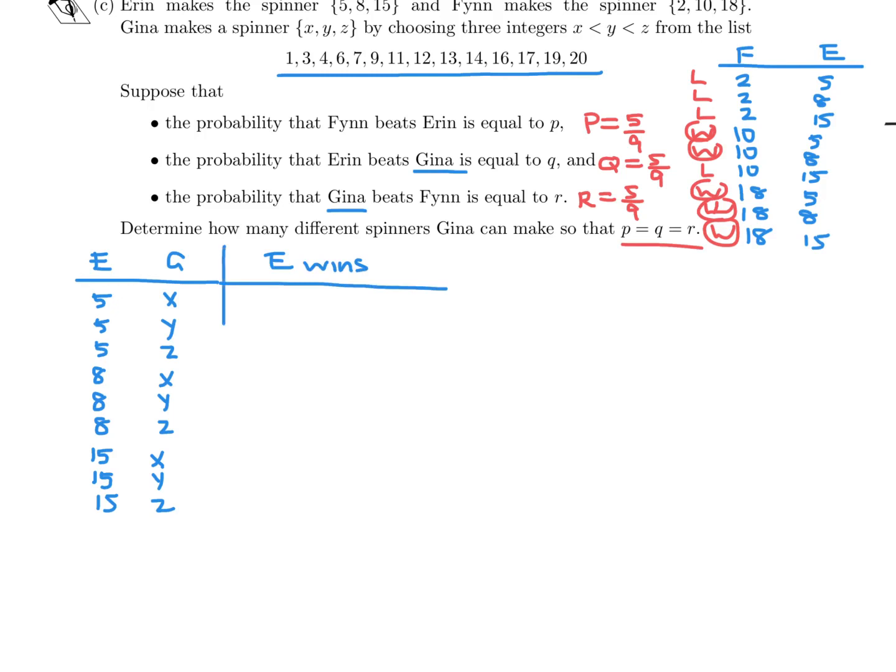What are the scenarios here? The way these numbers are set up is that we have only certain possibilities. The first, I think, is that Aaron wins if 15 is greater than X, Y, or Z. So if 15 is greater than X, Y, or Z, this would be a win, this would be a win, this would be a win.